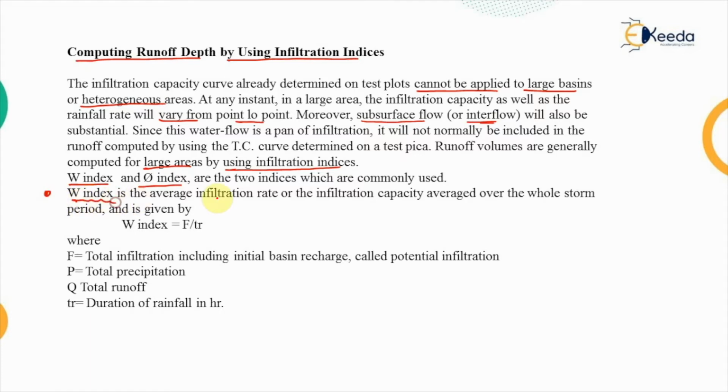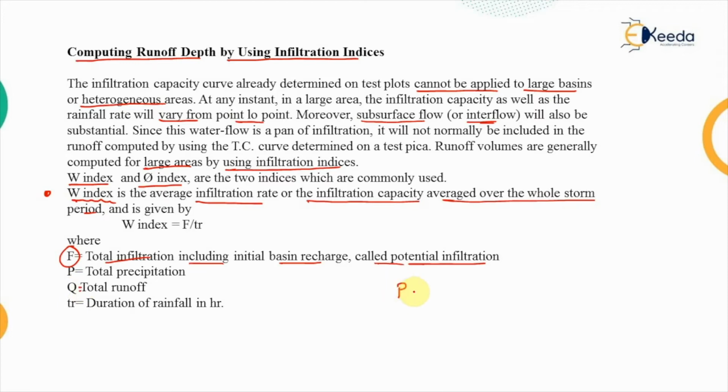So the W index is the average infiltration rate, or the infiltration capacity averaged over the whole storm period. F is the total infiltration, including the basin recharge, called potential infiltration. P is the total precipitation, Q is the total runoff.